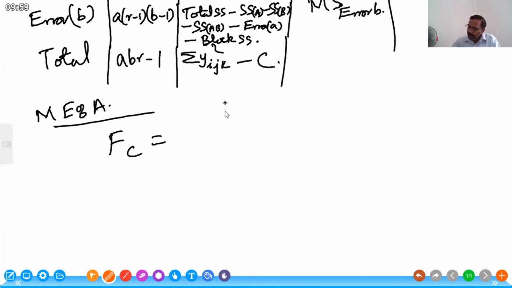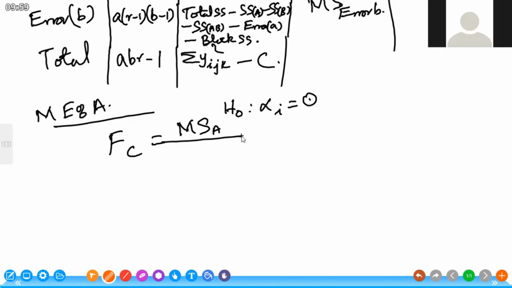As you all know, my null hypothesis is alpha i equal to 0. Tell me the numerator and the denominator in terms of mean squares. Mean square of A divided by what mean square? Yes, mean square of error A.